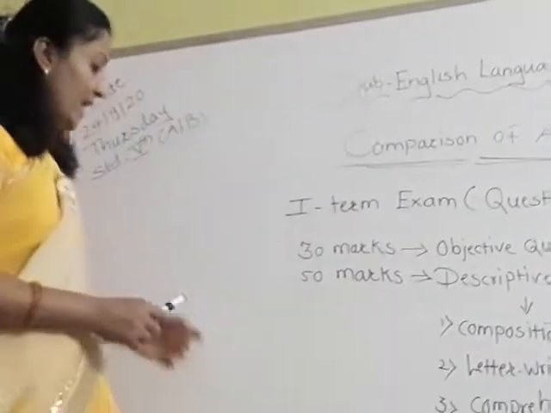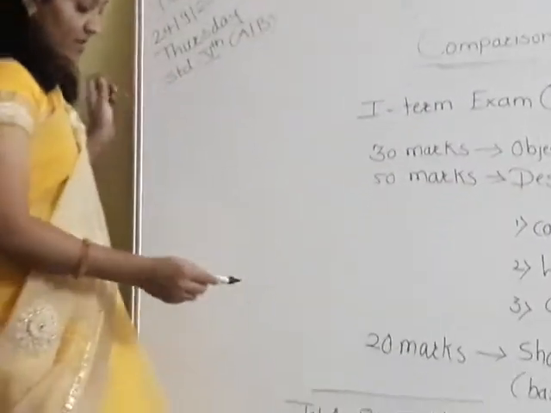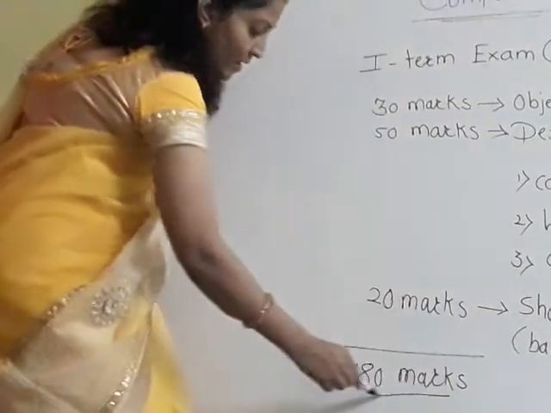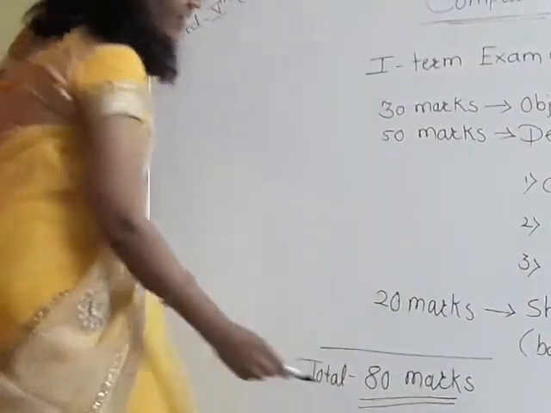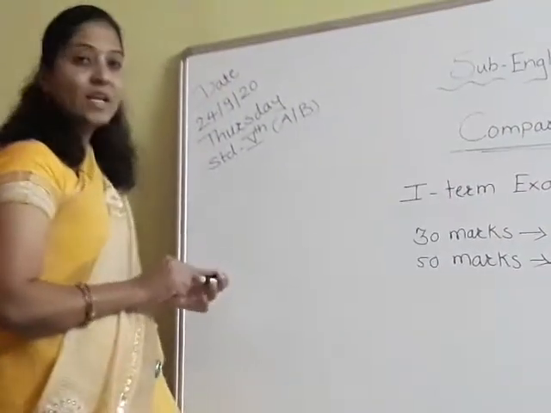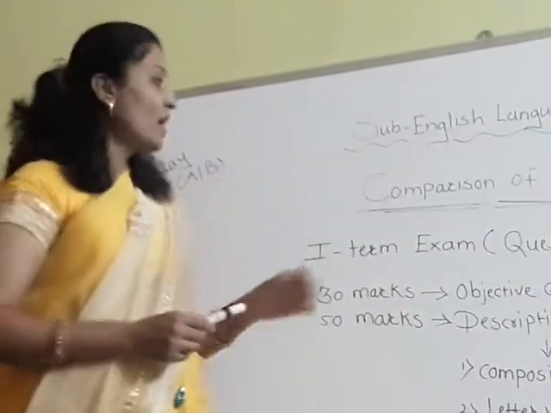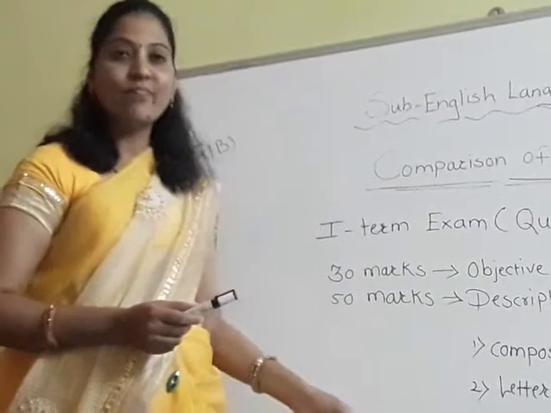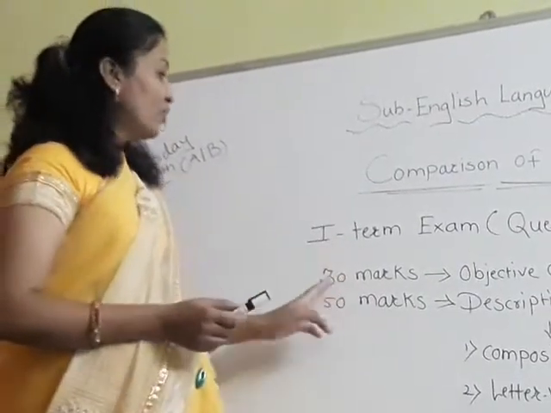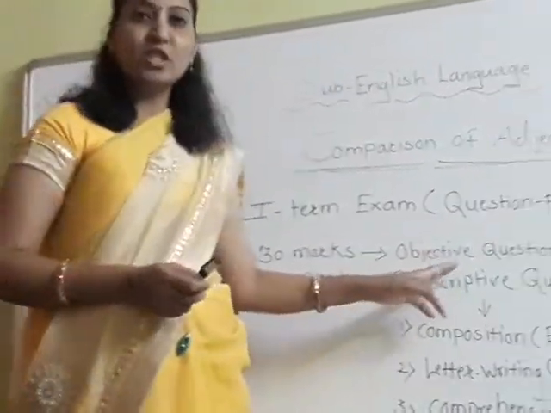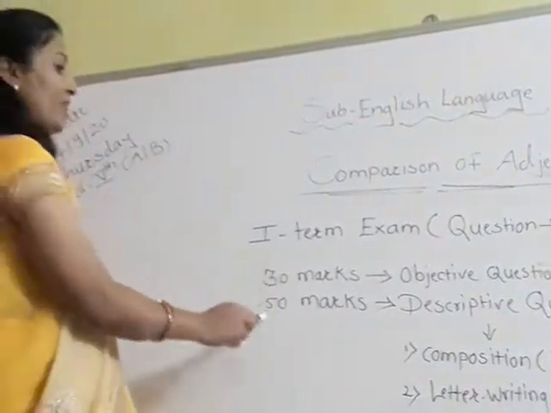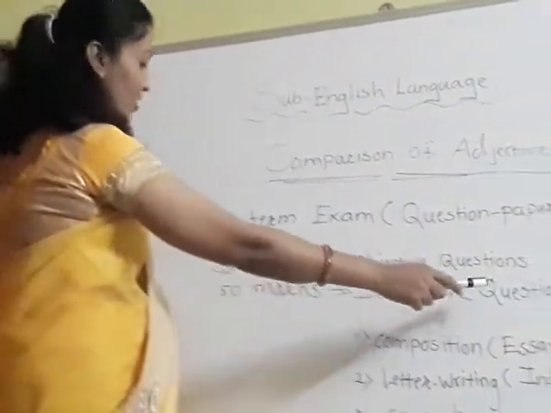Okay, so like this, a total 80 marks paper will be set for your first term examination. So have you understood this format? Again I am telling you, 30 marks will be for objective question and answers, and 50 marks for descriptive questions.